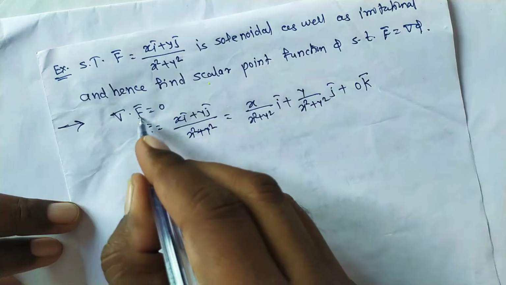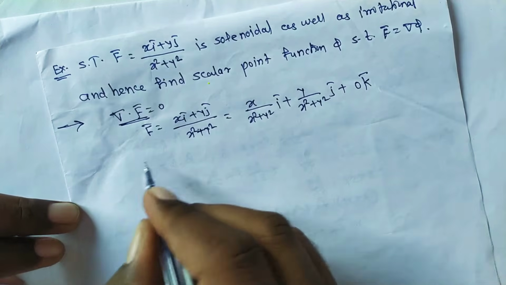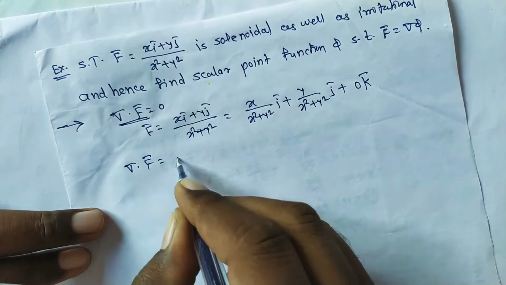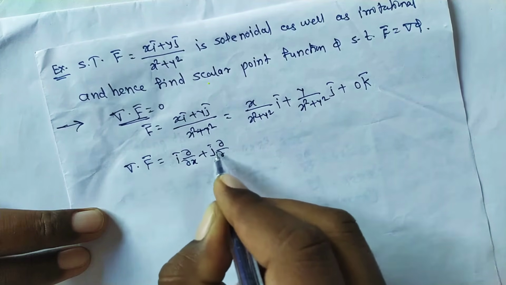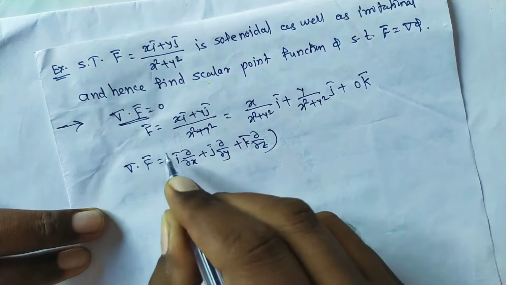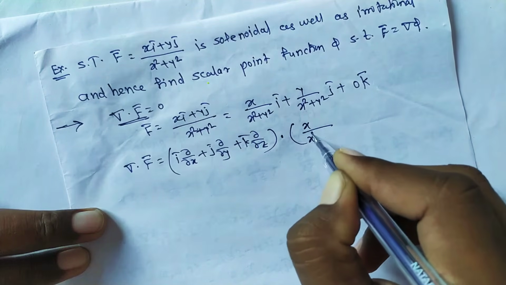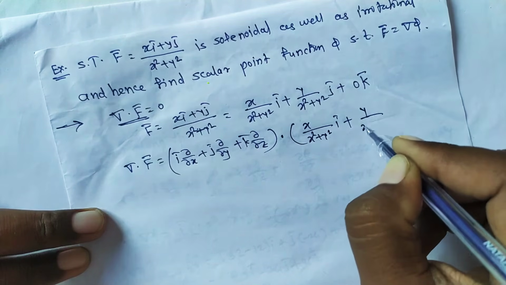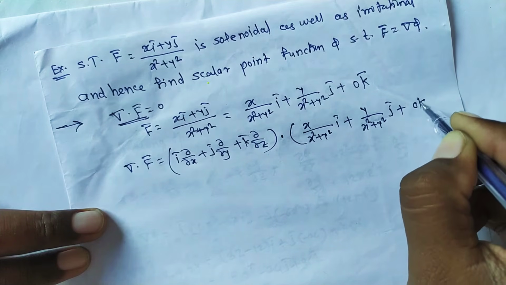We say that F bar is solenoidal if the value of del dot F bar is 0. So we will find del dot F bar. Now what is del? We know that del is i bar ∂/∂x plus j bar ∂/∂y plus k bar ∂/∂z, dot F bar, that is x upon (x square plus y square) into i bar plus y upon (x square plus y square) into j bar plus 0 k bar.